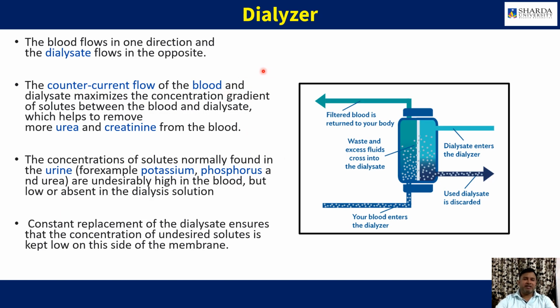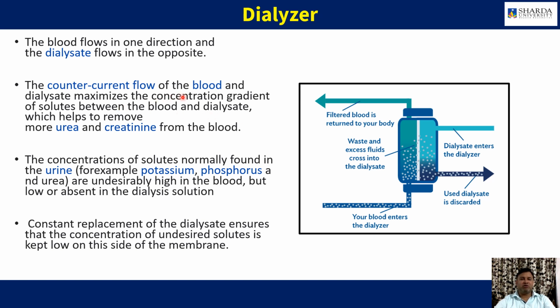Now come to the mechanism of the dialyzer. The blood flows in one direction and the dialysate flows in the opposite direction. If two solutions are coming in opposite directions and the exchange of minerals and water occurs, it is called a counter current mechanism. So we can see that the counter current mechanism occurs in the dialyzer.